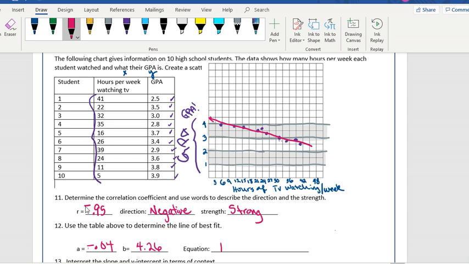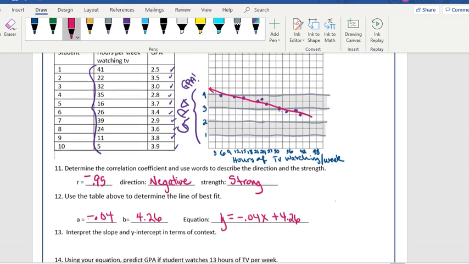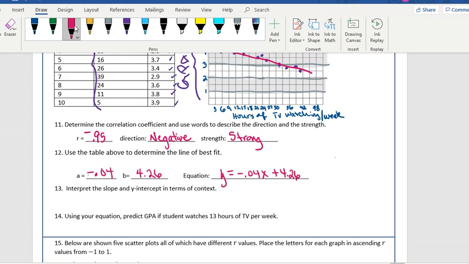And the equation then is y equals negative 0.04x plus 4.26. And we can tell we have a few that didn't quite hit this line right where we think it should. Let's see what other questions we have.